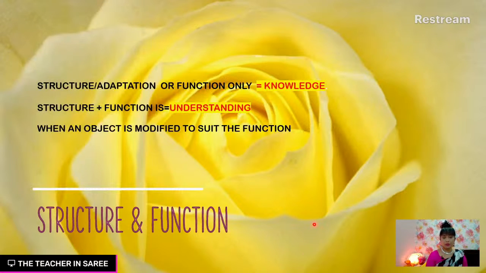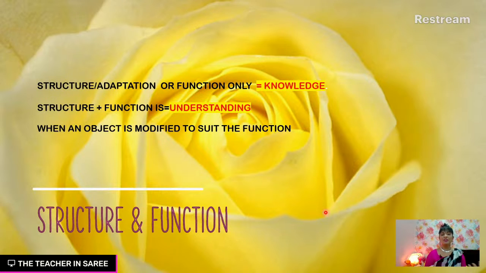Moving on, this is the final one. When the structural feature or adaptation and the function are separated, these are only knowledge level questions. That means you either can answer or you cannot, end of story, no big deal. But when they come together, they are married.